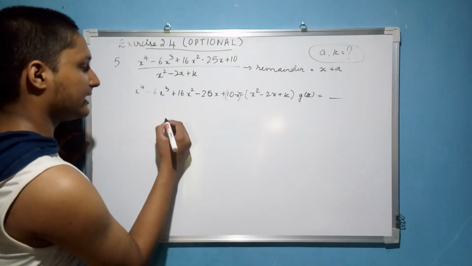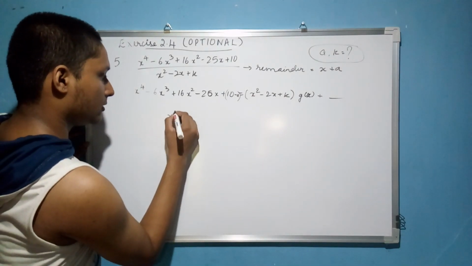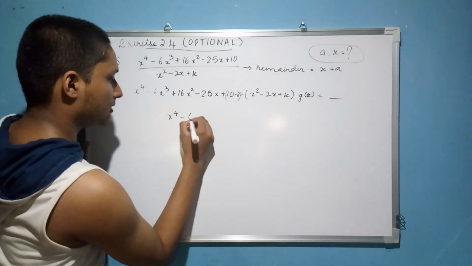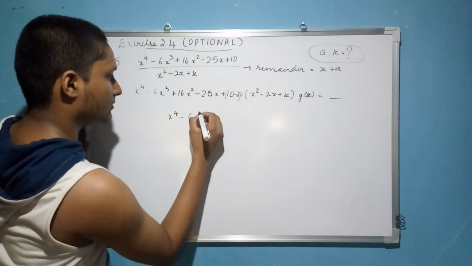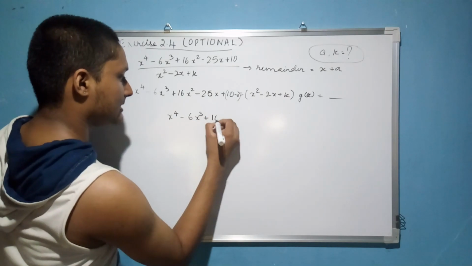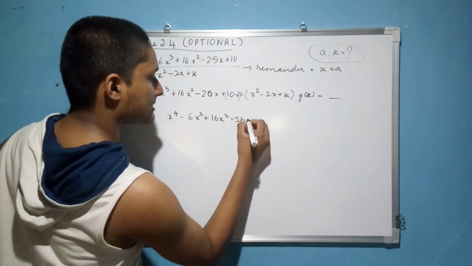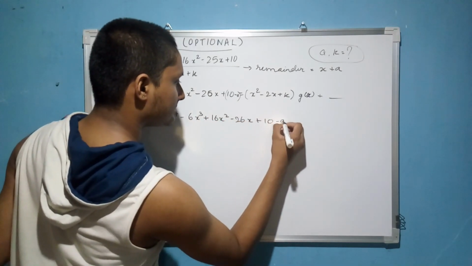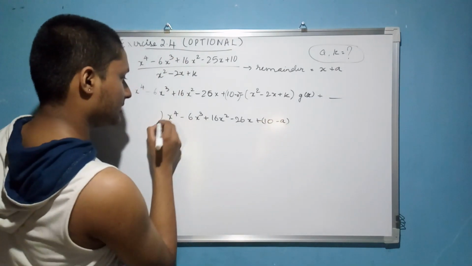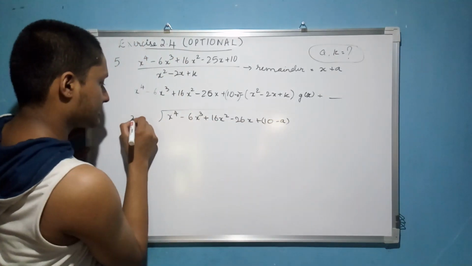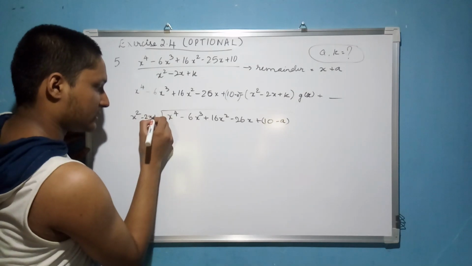Let's see how. Now we use the long division method: x raised to 4 minus 6x cube plus 16x square minus 26x plus 10 minus a, divided by x square minus 2x plus k.